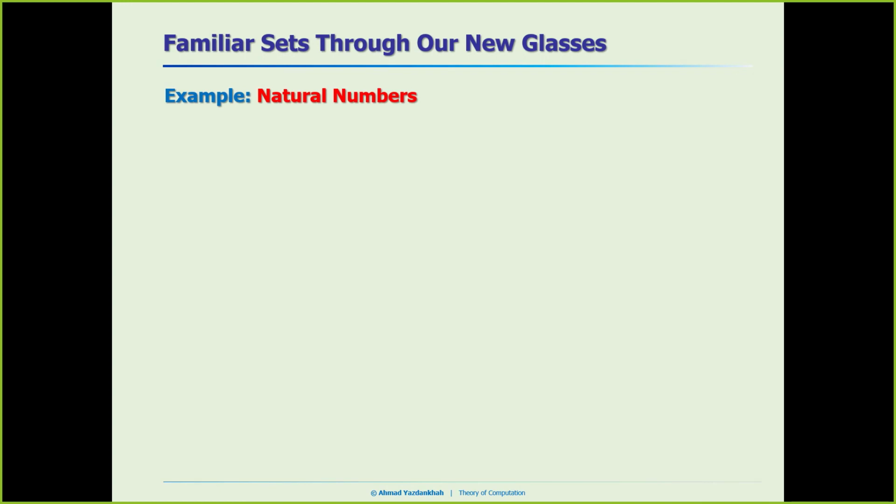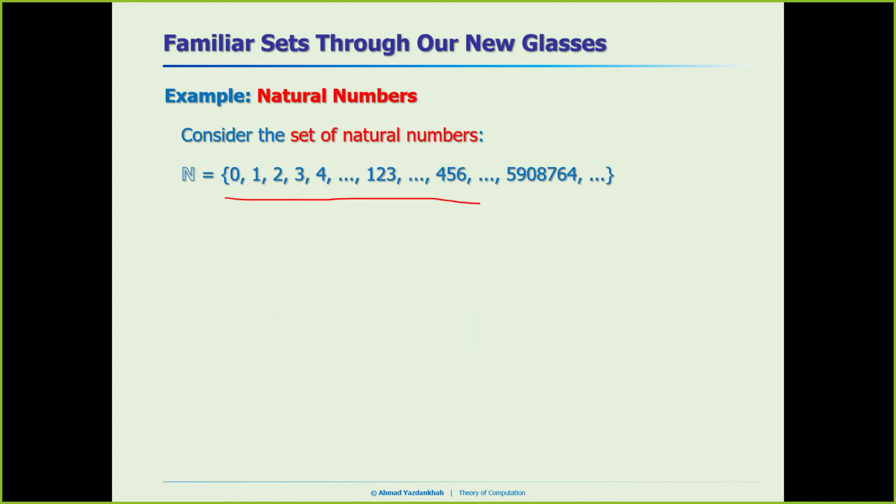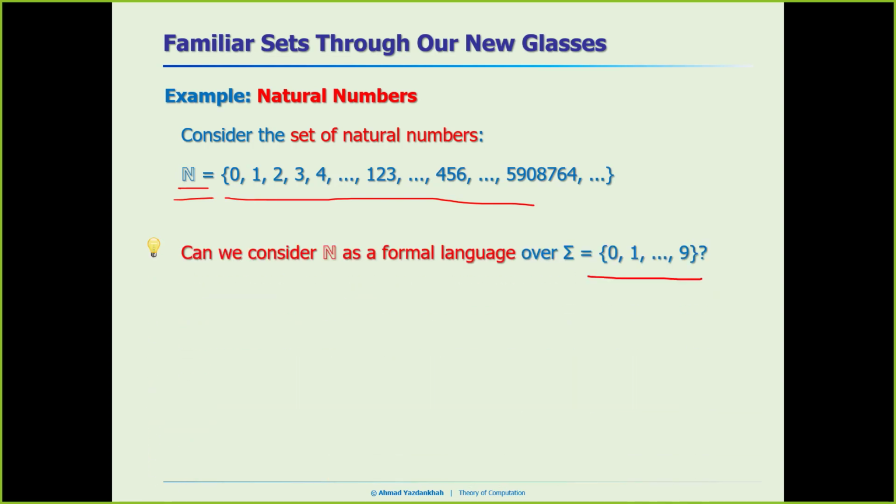Look at the natural numbers 0, 1, 2, 3, and so on. It's infinite. The very interesting question I want to ask here is, can I consider this N as a formal language over the alphabet 0, 1, up to 9?